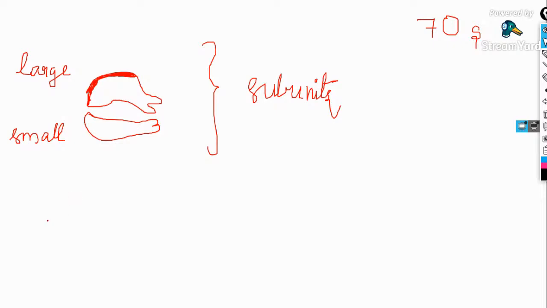The large subunit will be the 50S type, and the small subunit will be the 30S type.